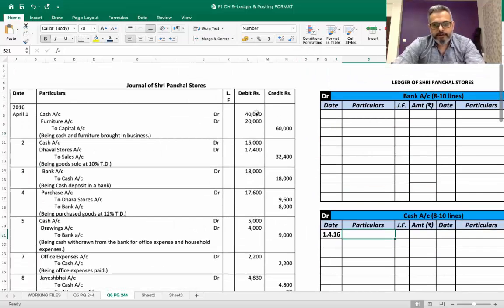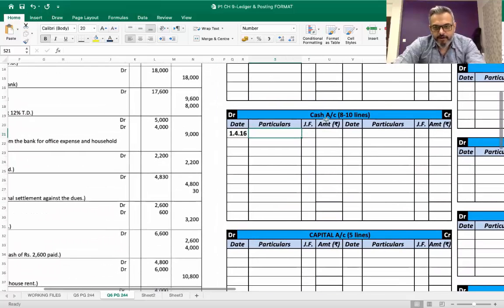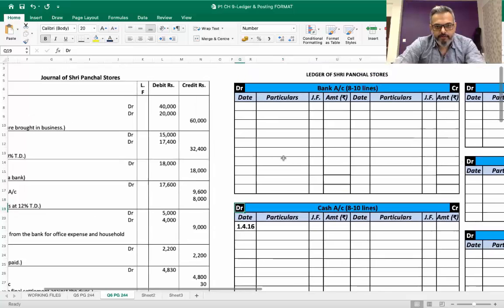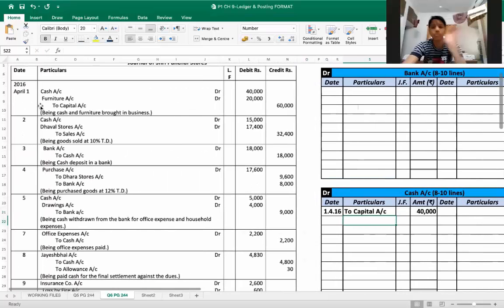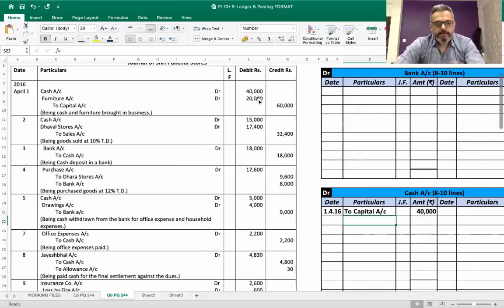Cash account debit. So locate the cash account. On the debit side, you write the amount 40,000, to capital account. Then furniture 20,000.